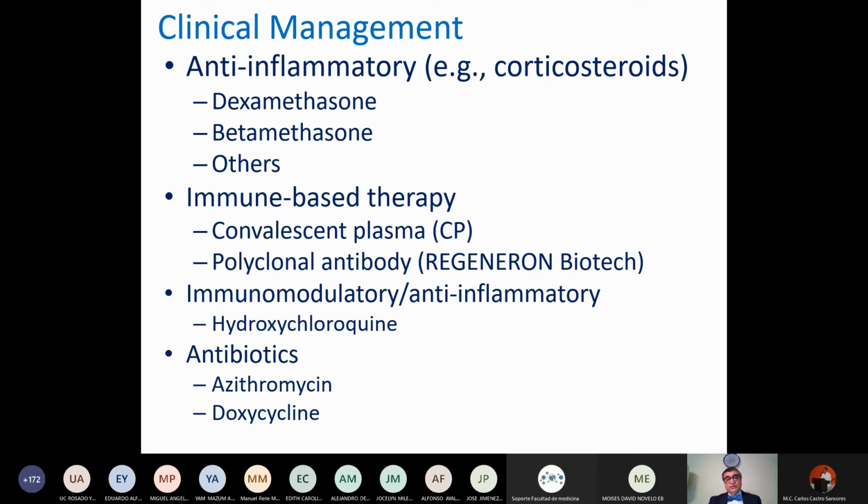So in a situation like this, maybe doxycycline, 100 milligrams per day, would be better. Plus, doxycycline has a little bit more anti-inflammatory effect compared to azithromycin. And going back to hydroxychloroquine, the prophylactic aspect is another thing that we need to discuss today.